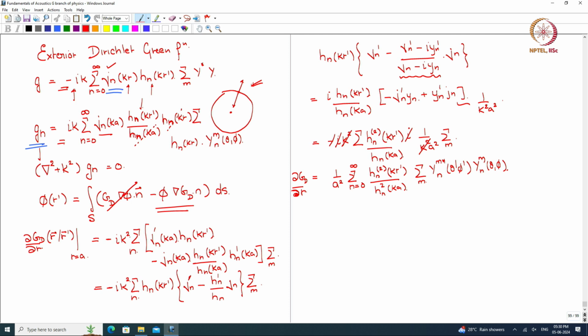Okay, and how does it sit in there? We have minus del G del n in the integral. So del G del n is minus del G del r.